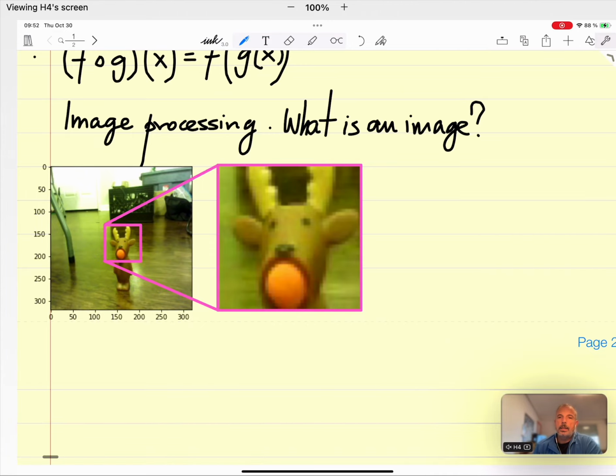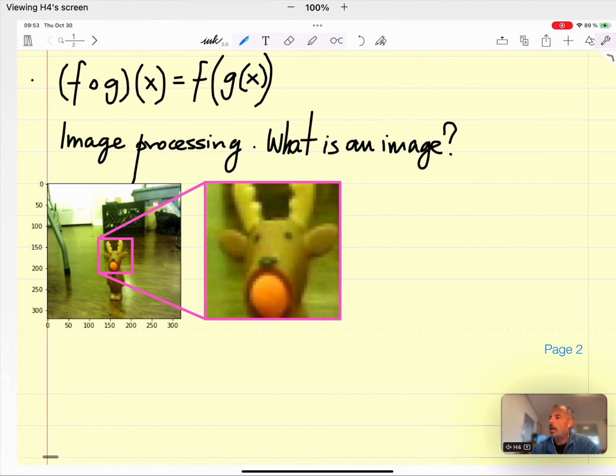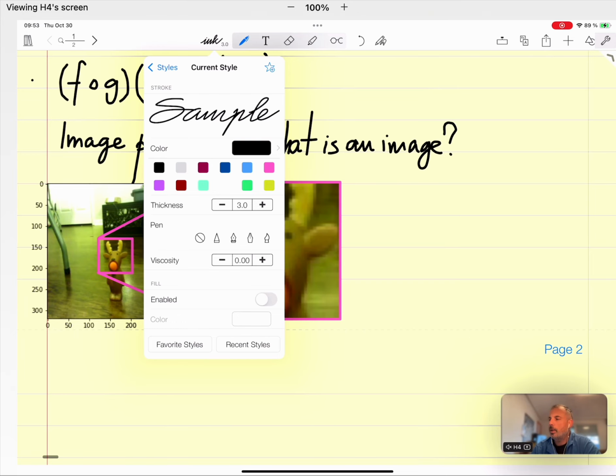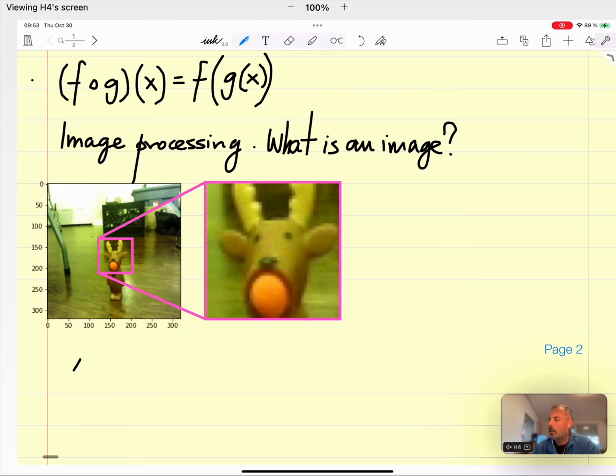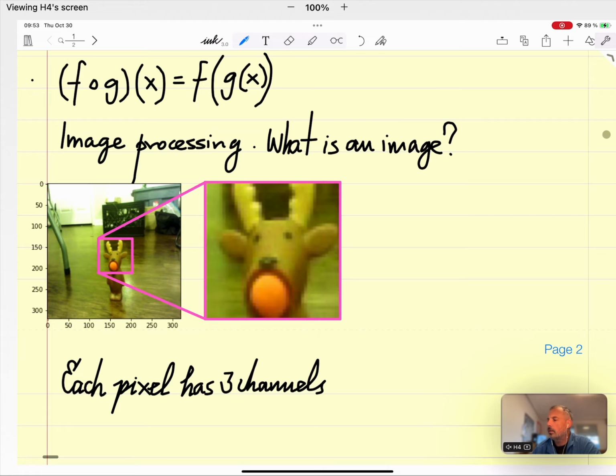Each one of these pixels is in reality 3 values, because we have 3 channels on a color pixel: red, green, and blue.